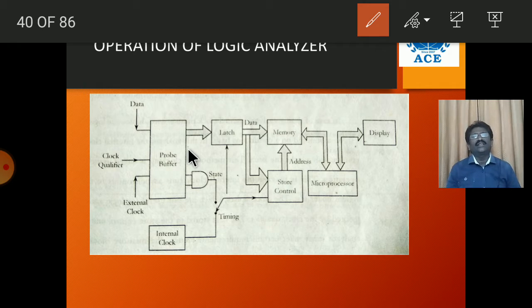So observe here, this is the probe buffer. You are providing data and clock, external clocks are like this, you can observe here. So this probe acts as an entry point through which the logic signals are entered into the logic analyzer.